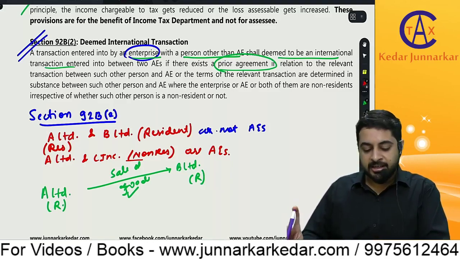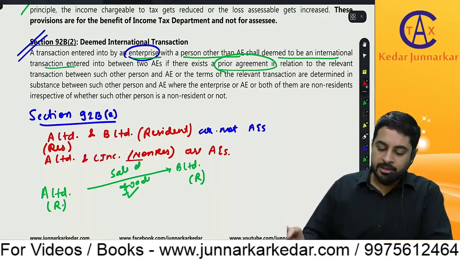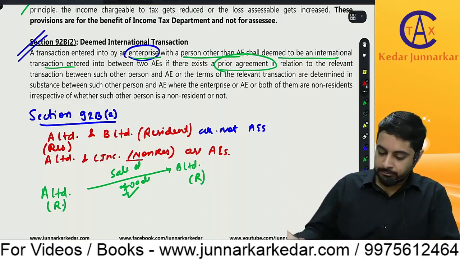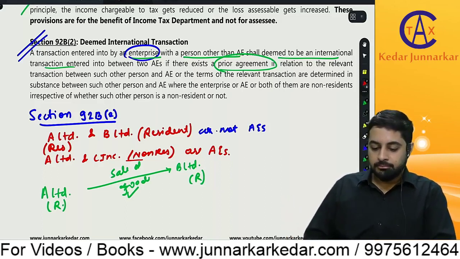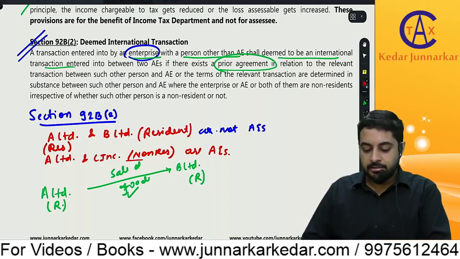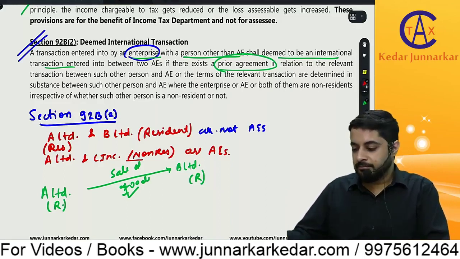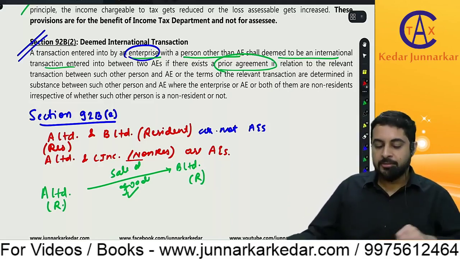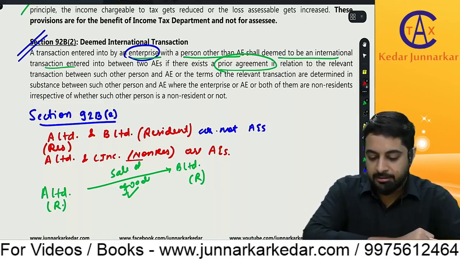Now what does A Limited do? A Limited sells goods to B Limited, in brackets not AE, and B Limited sells it further to C Inc.